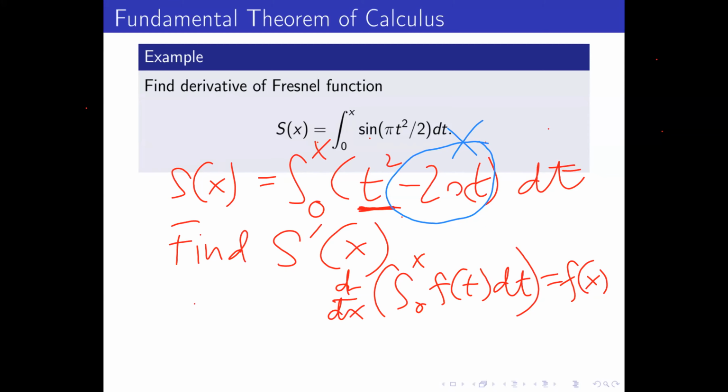And when you finish, what is the answer when you do not have this part? You only have t squared as an integral.